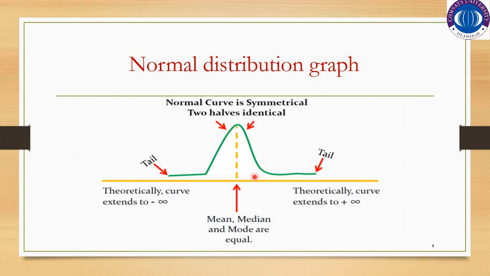Total area under the curve is 1. Mean, median and mode are equal. These are the tails of this curve, and theoretically the curve extends to minus infinity on the left side and to positive infinity on the right side. So this is the shape of the normal distribution, and this is the way we represent it.